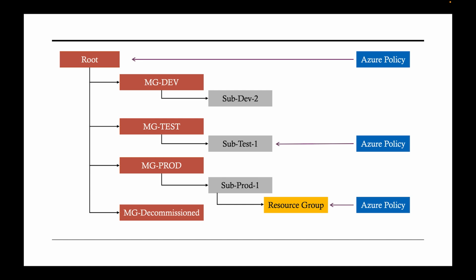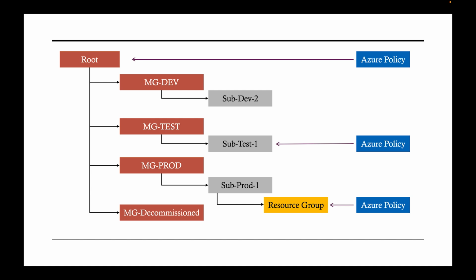Then if you go down to sub prod 1, under there you have a resource group, and that's where you have an Azure policy applied to that specific resource group, because you are now allowing or denying something, or making it a little bit more strict. This is how you can utilize Azure policies to apply Zero Trust within your environment. We're giving people the least amount of privilege.